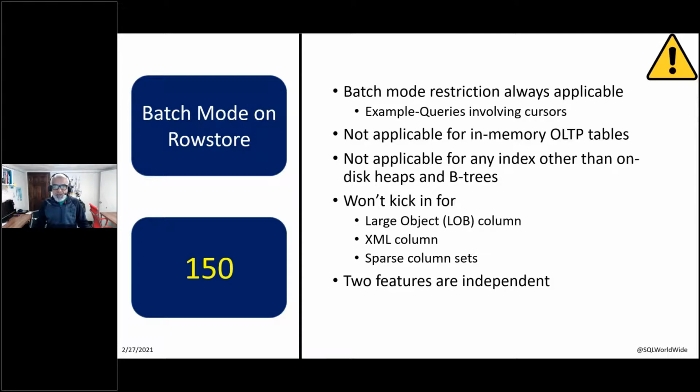Again, there will be restrictions, as I said, like if you have a large object column or XML column, you will not be able to take advantage of this. It's not applicable for in-memory OLTP. And again, these two features are totally independent. Columnstore index and batch mode, I know they came out together, but because rowstore now supports this, you just have to think of them as two independent features.